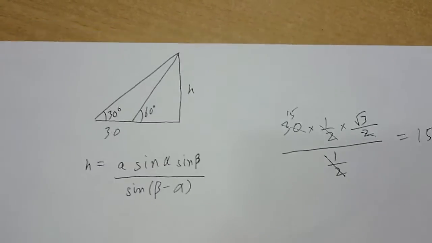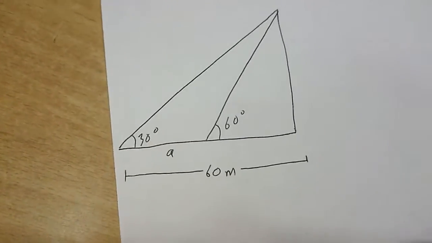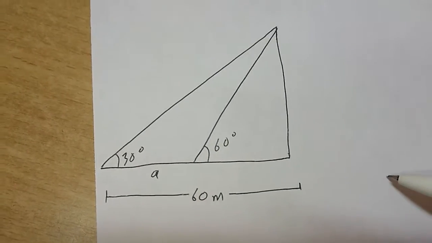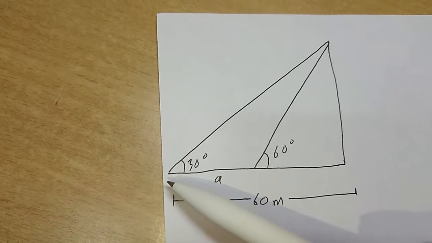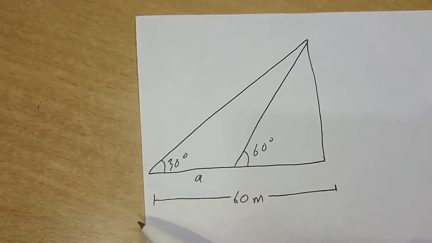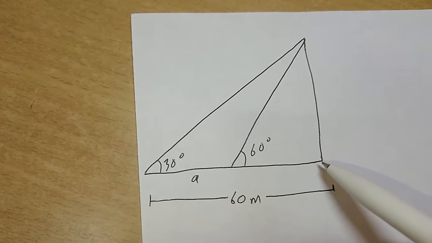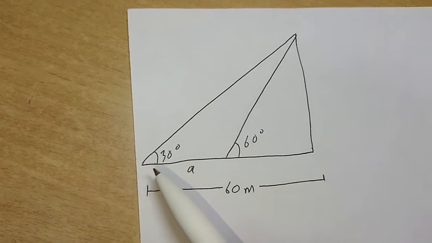Okay, so now let's have a look at another example. In this example we have to find how much we walked towards the tower, and we are only given the total distance from the foot of the tower where we were initially.